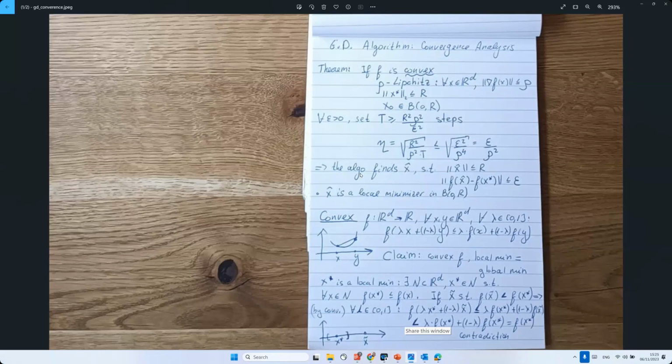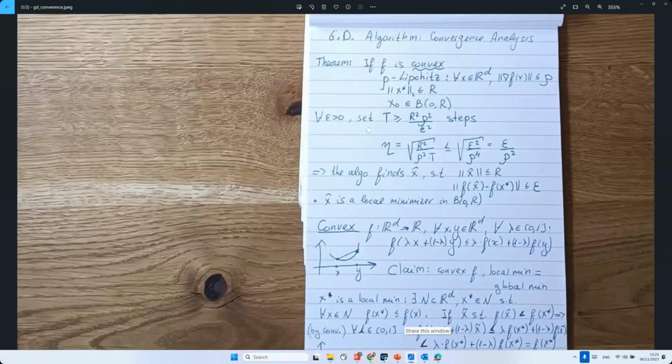And this is nice because we proved before that the gradient descent algorithm finds x hat, which is a local minimizer inside the ball. But if f is convex, it's also a global optimizer. So actually gradient descent finds the global optimizer. Okay, so this is the connection to gradient descent.